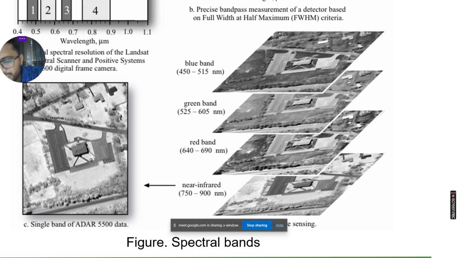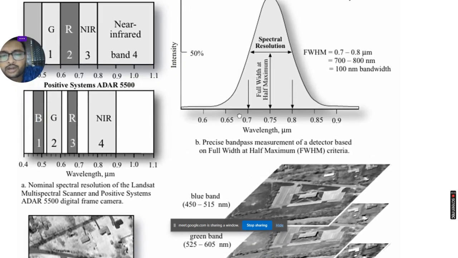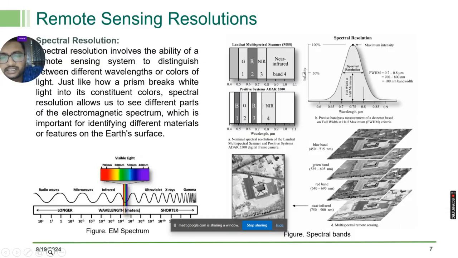So it means if we are increasing the wavelength, going from 450 nanometer to 750 nanometer, or when we talk about this in terms of the electromagnetic spectrum, we are going from the wavelength of blue to near infrared.